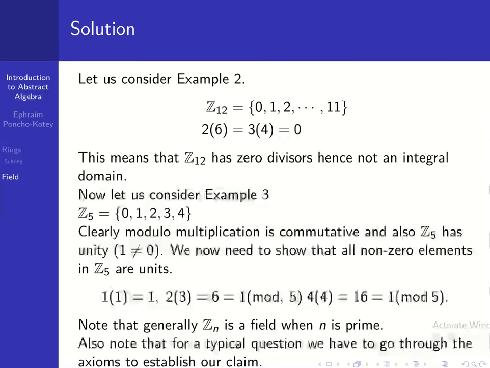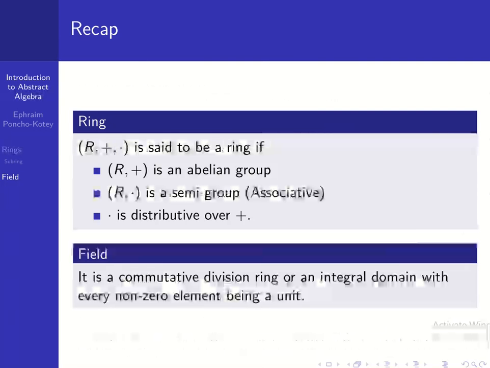But take note, when given a question like this to show that it's a field, you don't have to do it this way, unless the elements in the field are very, very small so that you can easily show that they are units. Other than that, you have to go through all the axioms. Now, what have we learned today? The main things we've learned today are rings and fields.